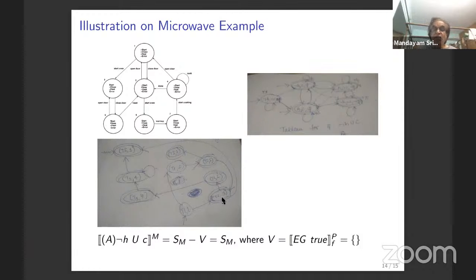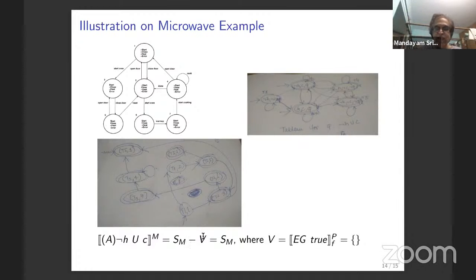That's why not H until C is true in every state. Since V will include everything, when you subtract this, the set of states in which not H until C is violated is empty. That's what it means.